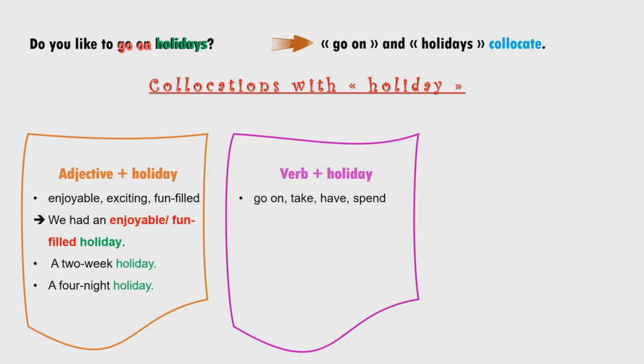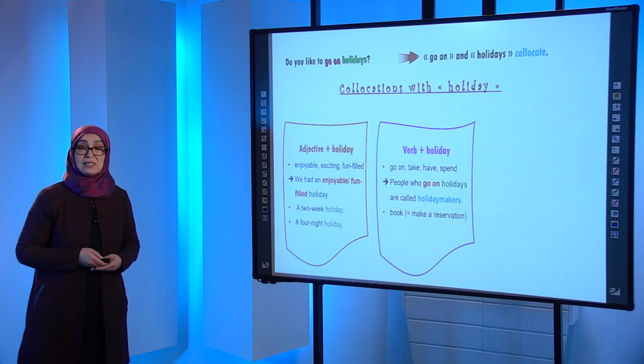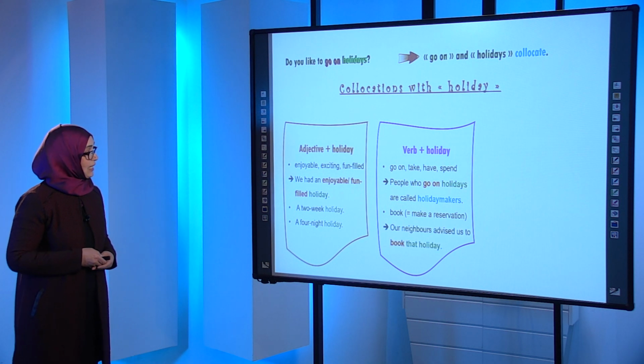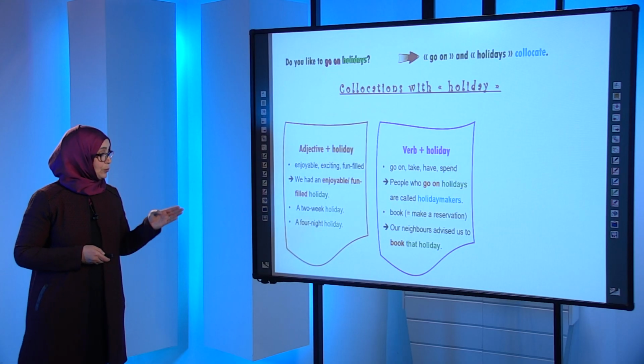We say go on holiday, take a holiday, have a holiday, or spend a holiday. Example, people who go on holidays are called holiday makers. To book a holiday means to make a reservation. Example, our neighbors advised us to book that holiday.